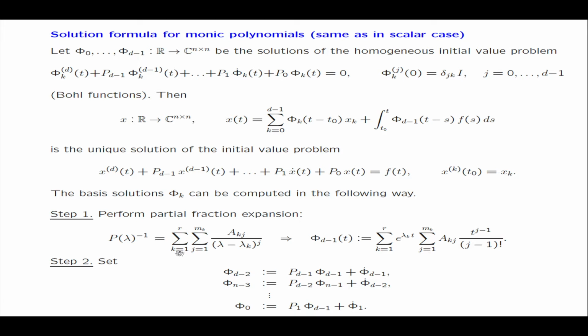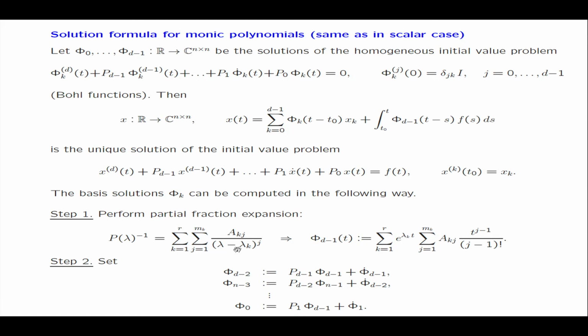So you can perform a partial fraction expansion for each component of the matrix, and the result is then such a sum, where we have again matrices now as coefficients. And if this is done, then we can find the last, I would like to say the most important basis function by this formula.